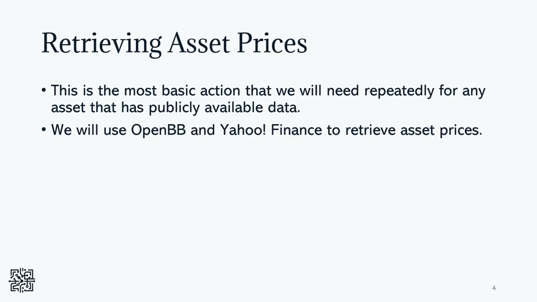We will show the functions here, but the main thing is we will be using OpenBB, and through OpenBB, we'll get the majority of our information, at least asset pricing, through Yahoo Finance. But as we go through the coding lecture, you will see that there is the opportunity to choose your own data provider through OpenBB. But for now, we're going to be sticking with OpenBB and Yahoo Finance to retrieve the asset prices.